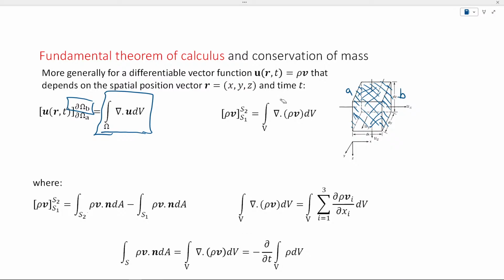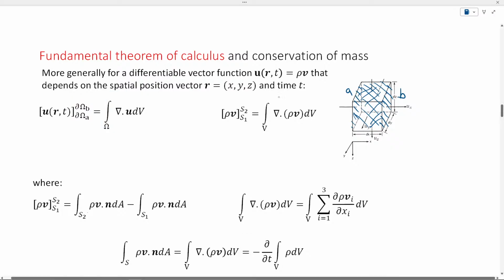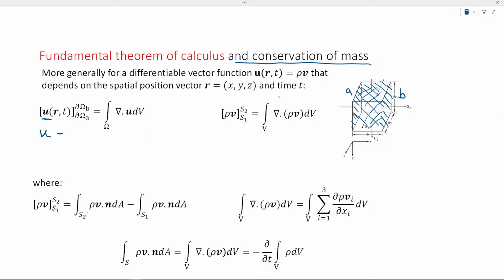Let's look at it in terms of conservation of mass. I will replace this u function with rho v, for conservation of mass, and here v is velocity. So I will replace this u with rho v, and this is a vector.